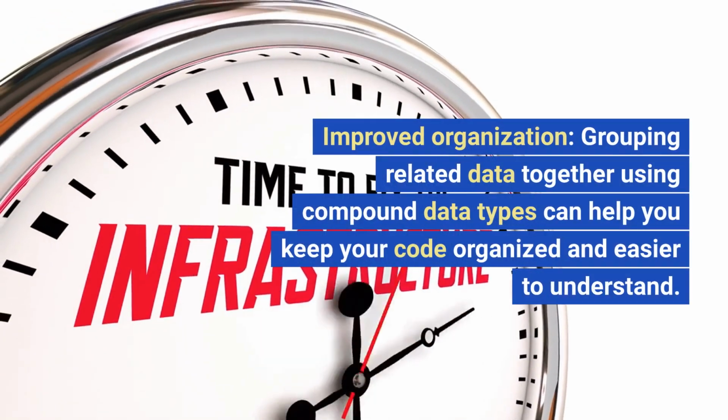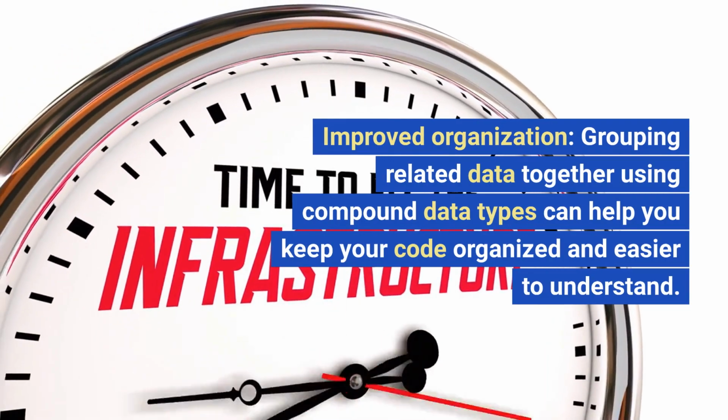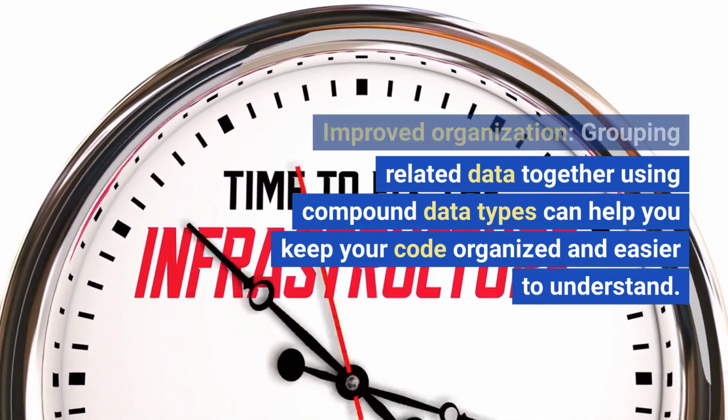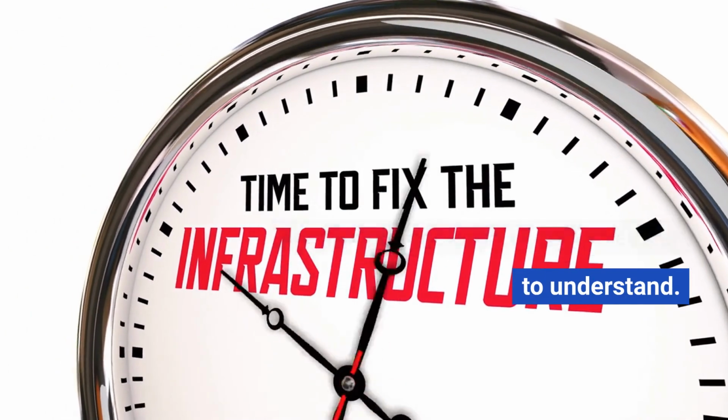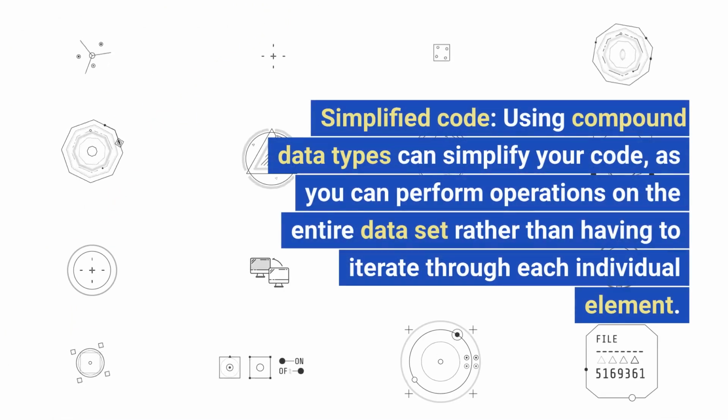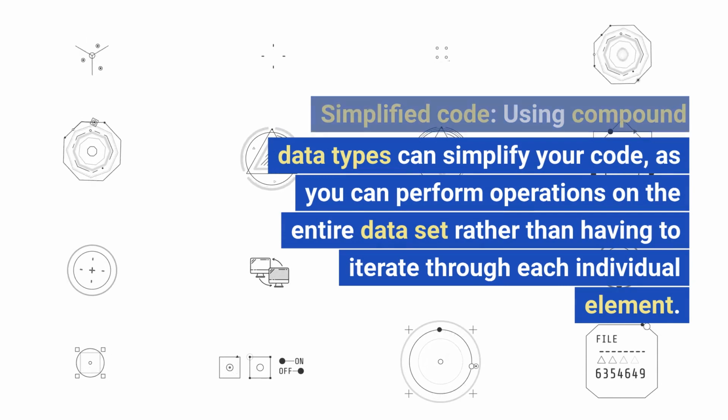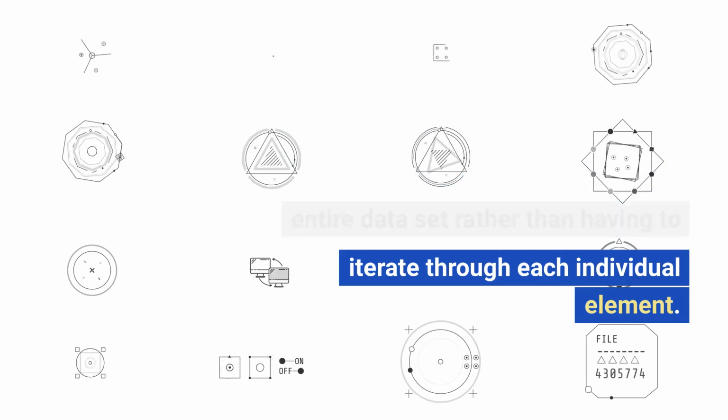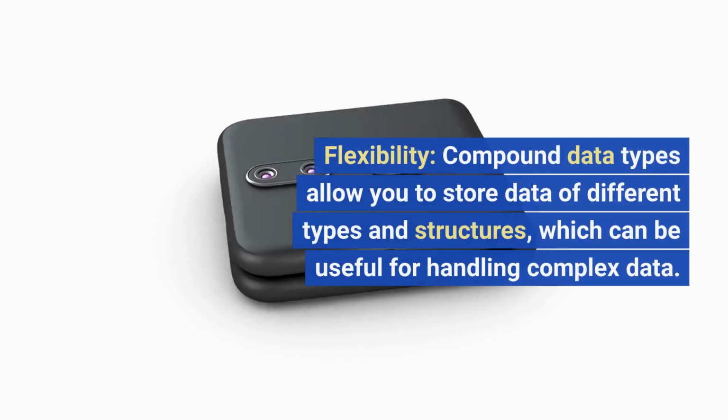Improved organization. Grouping related data together using compound data types can help you keep your code organized and easier to understand. Simplified code. Using compound data types can simplify your code, as you can perform operations on the entire dataset rather than having to iterate through each individual element. Flexibility.